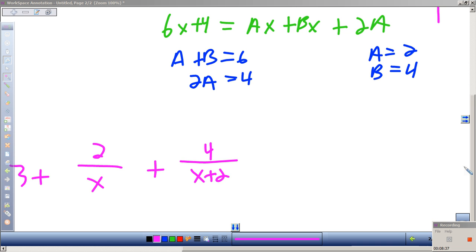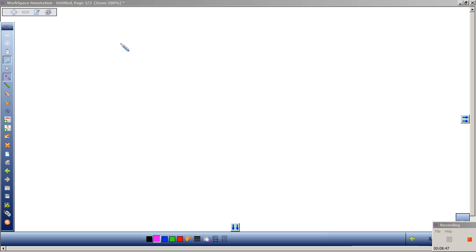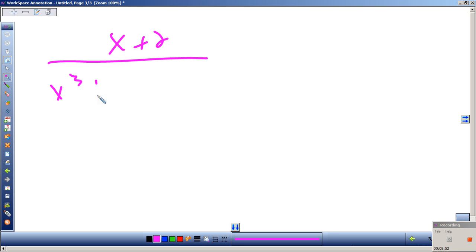So, let's do a bit more difficult one: x plus 2 over x cubed minus 2x squared plus x. What do we do first? Factor.